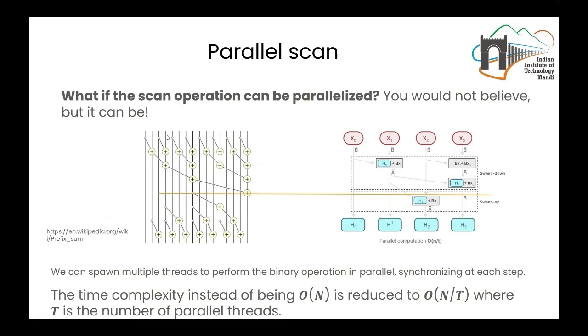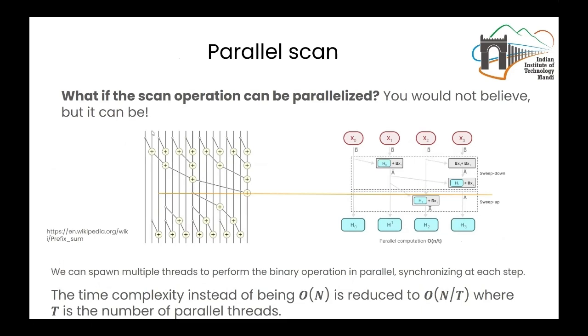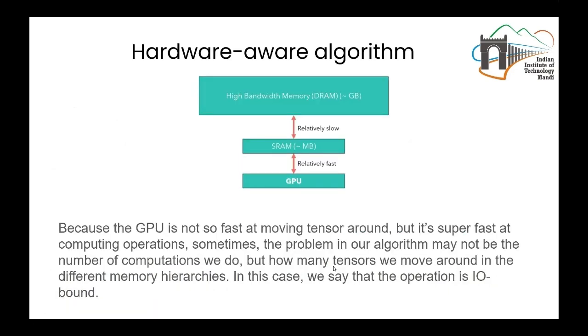In case you are taking two, it's not necessary. So now our time complexity has been reduced from O(n) to O(n/t), where t represents the number of parallel threads. If you are doing one at a time, as previously, it was still O(n). So now we have come back to our S6 model while preserving parallelizability.